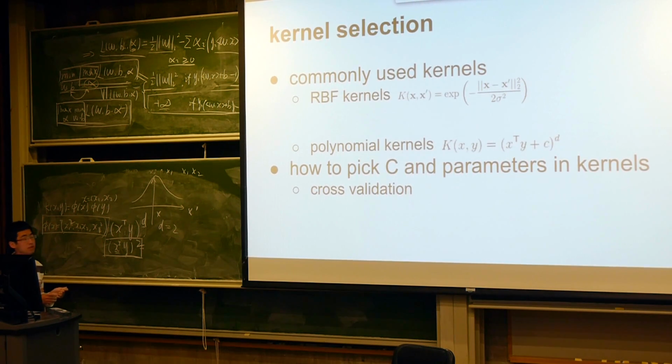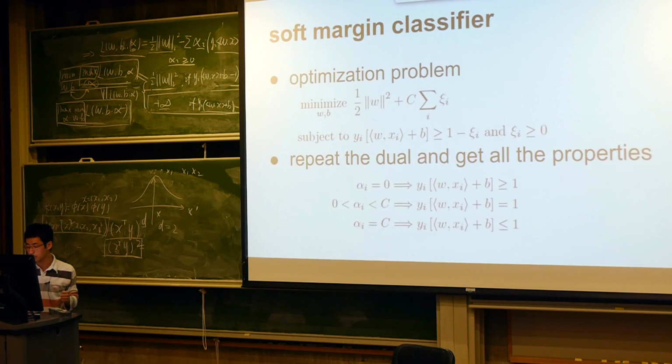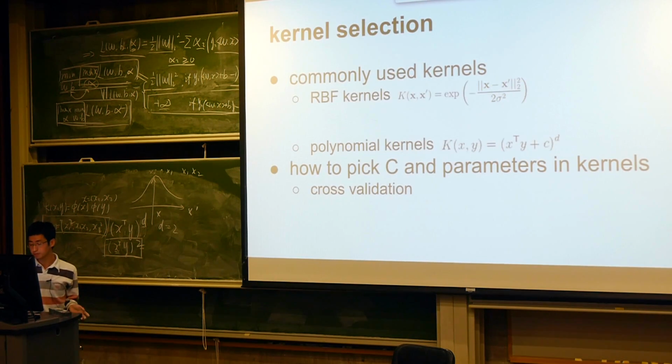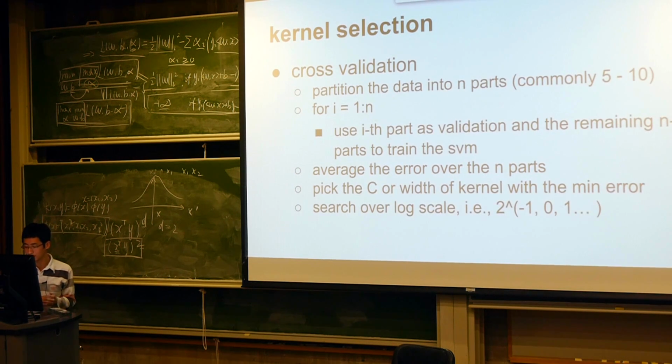And there are a lot of parameters to pick here. In the RBF kernel, we have to pick the bandwidth, which is sigma. And also in the original optimization problem, we have to pick the parameter C, right? How do we do that? There's no easy way. We use cross-validation.